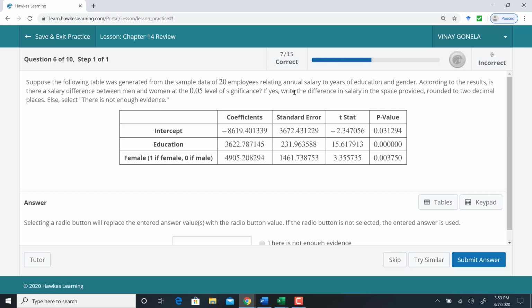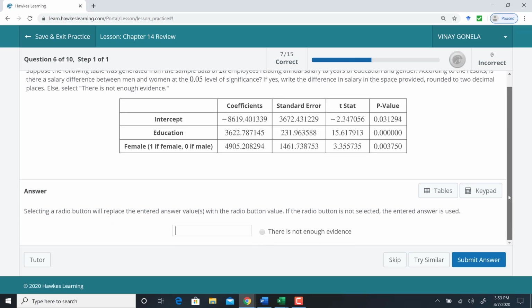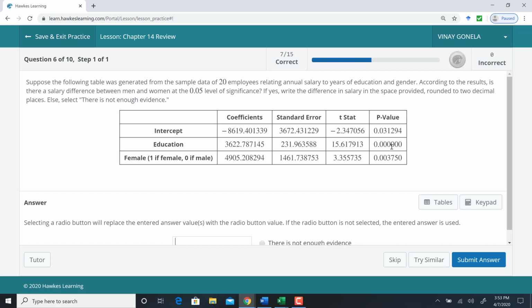If yes, write the equation in the space, otherwise you say there is no evidence. So write the difference in salary. They're asking you whether this male and female variable is significant or not. So if you see 0.003 is less than 0.05, that means this factor is significant and the salary difference would be this.